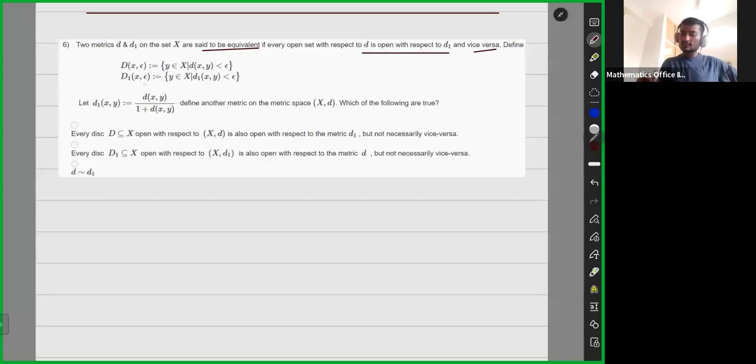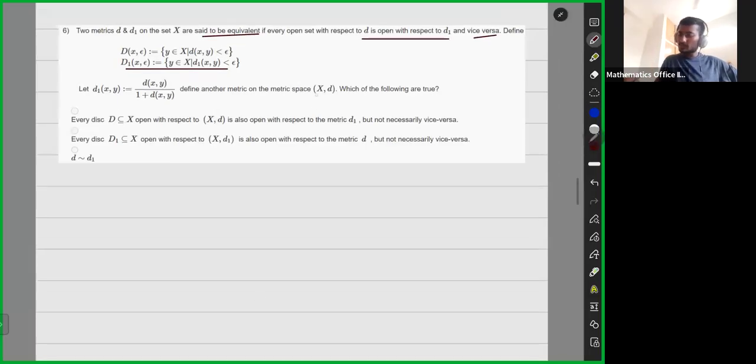Here we are given the notation for balls with respect to d1 and with respect to d. Now, starting with a metric space (X, d), we are creating a new metric space (X, d1), where d1 is given by this formula.